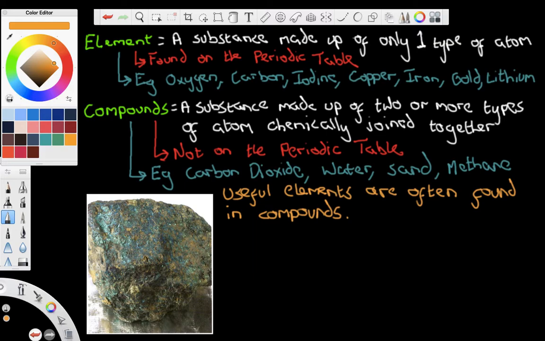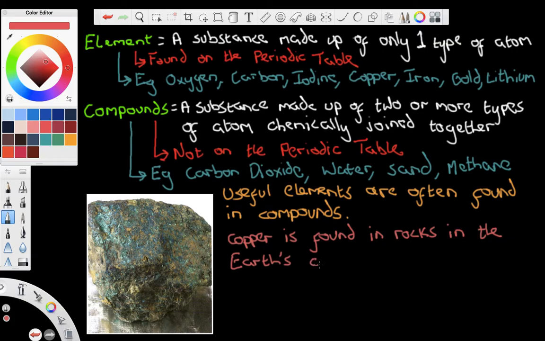And we can say that copper is found in rocks in the earth, or in the Earth's crust.